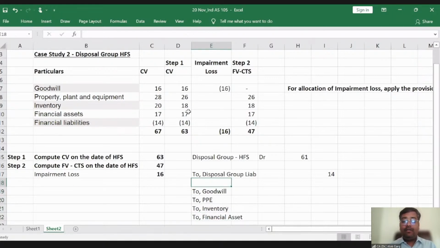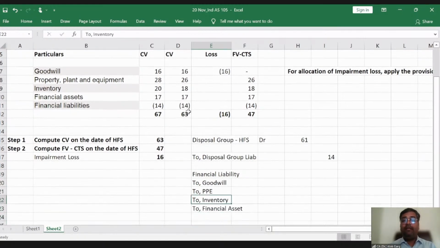Why? Because now it will become a part of the disposal group. Let me show it like this. This is debit, this is credit. Individual assets will be credited and the liability will be debited, and it will form part of your disposal group.